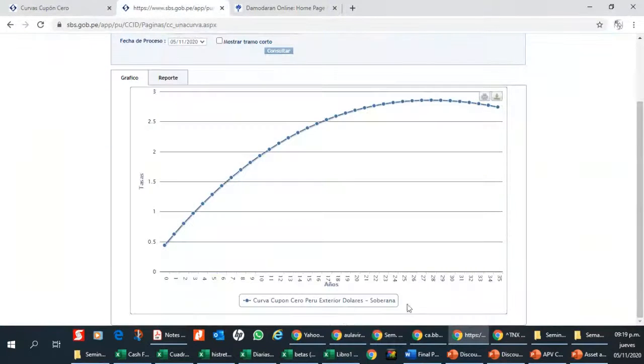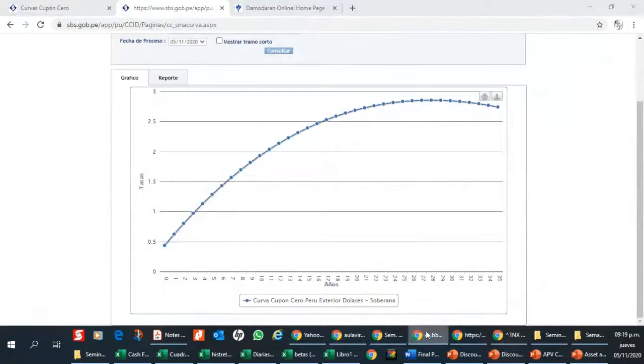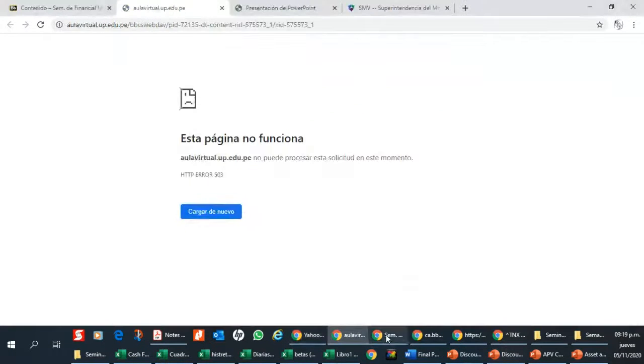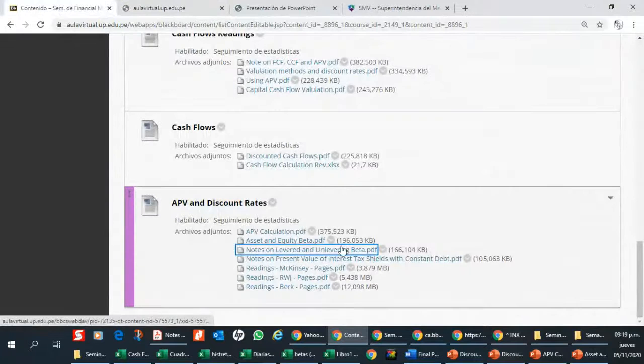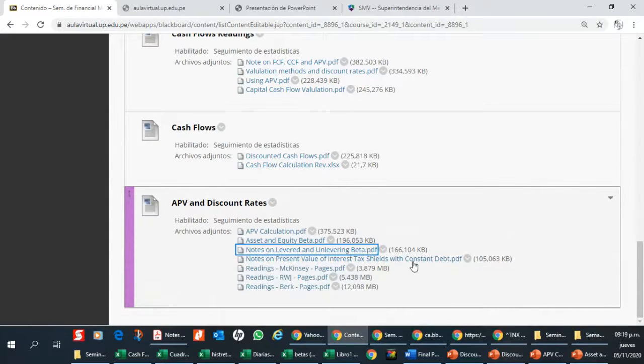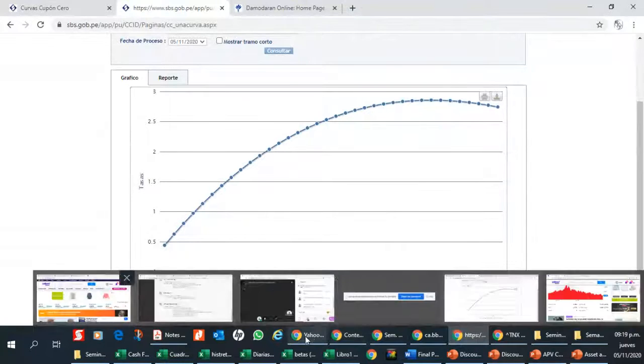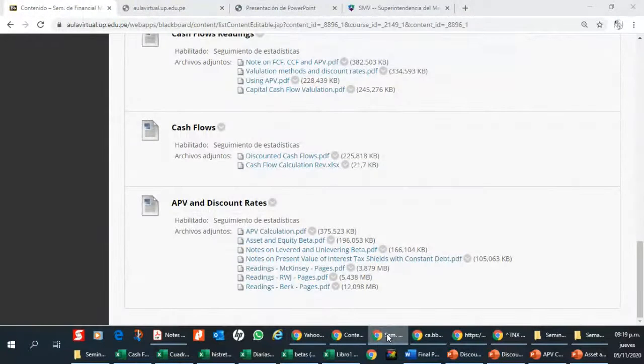Where is... sorry, I cannot find it. Here it is. There's additional information on that in the McKinsey readings that I'm posting, right? And it explains the levered and unlevered beta somewhat further than I have done, right? There's another paper that I use in my corporate finance class.